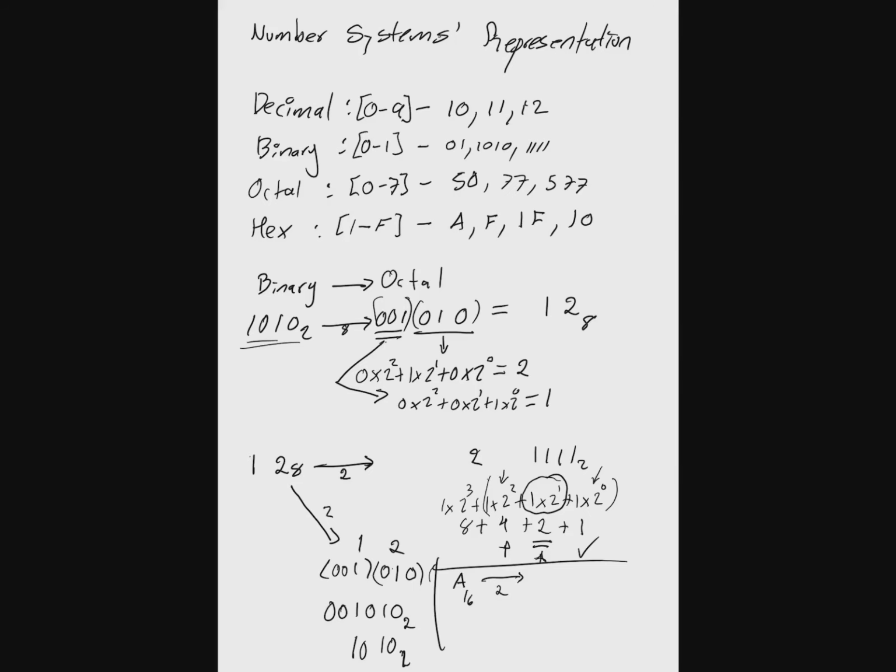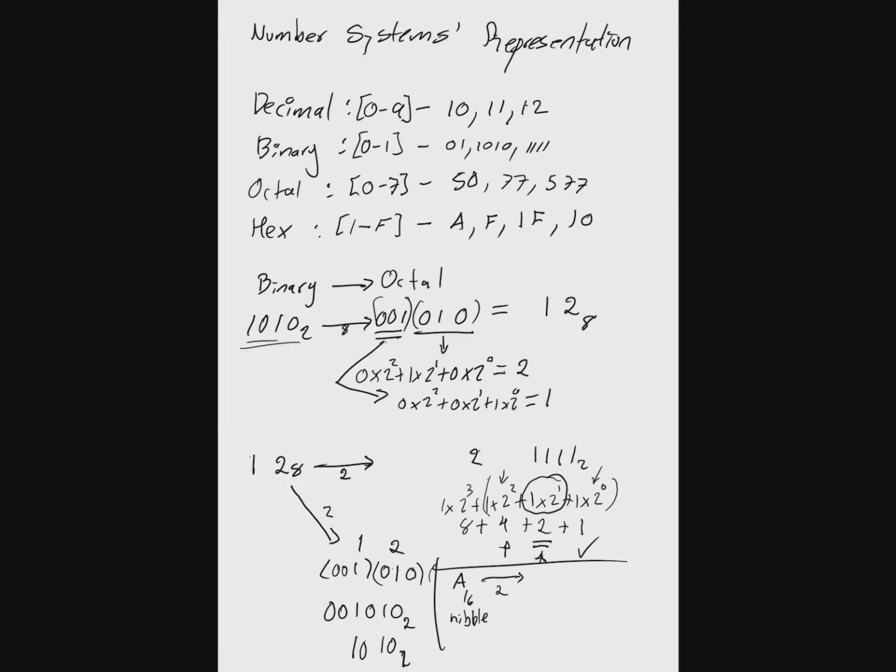First of all, you need to know that this letter is called a nibble. Okay, it's spelled nibble. If you want binary, you want to transform this into a group of 4 digits. All right, 4 digits.